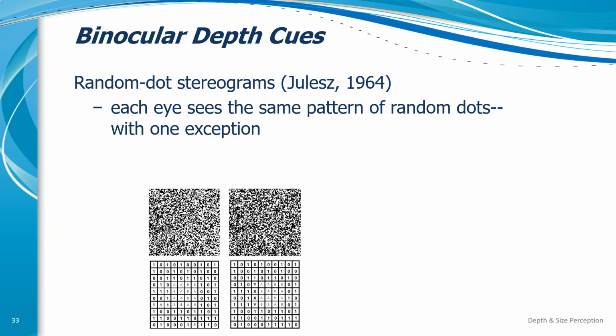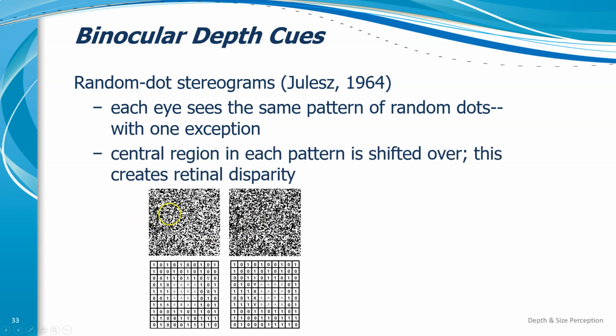There is an exception. In the middle of each one of these squares is a square-shaped region that is slightly shifted over. It's a bit shifted over to the right in the right eye image and slightly over to the left in the left eye image. Now what this does is it creates retinal disparity.